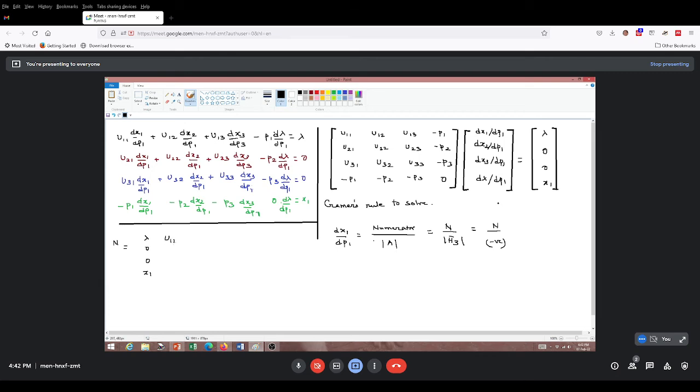So we have u12, this is u13, this is u22, this is u23, this is u32 and u33. We have got minus P2 minus P3, this is minus P1 minus P2 minus P3, and this is 0.